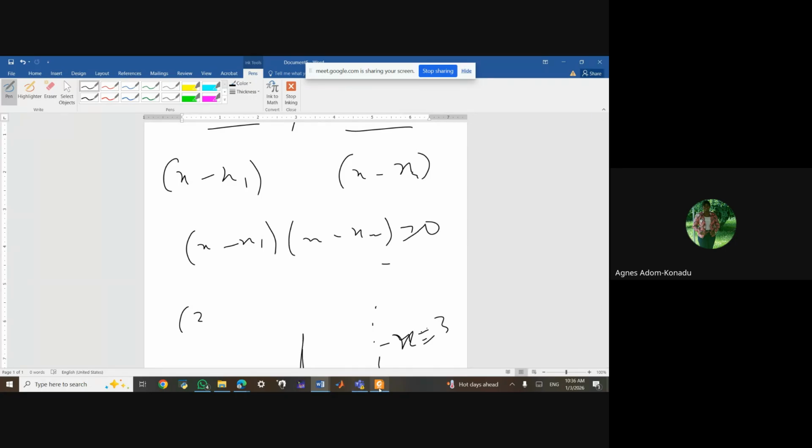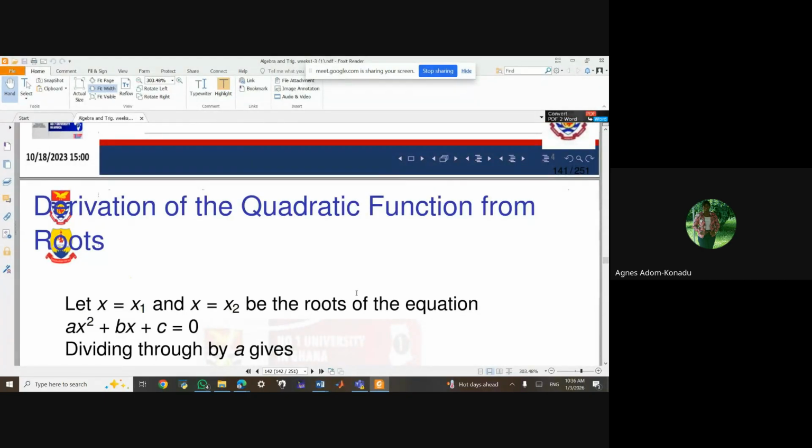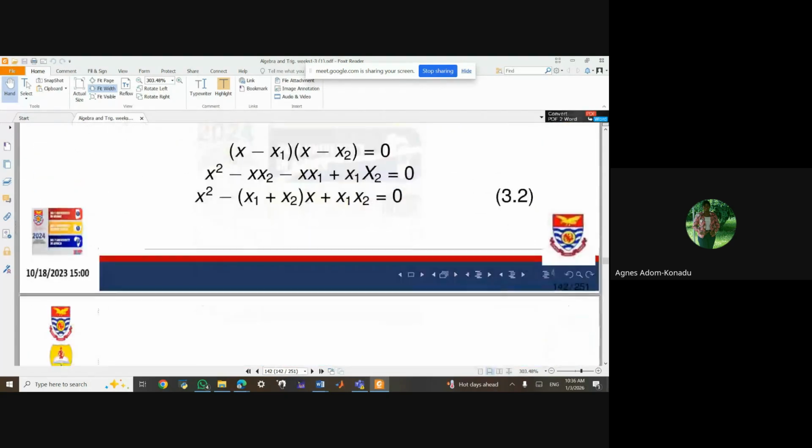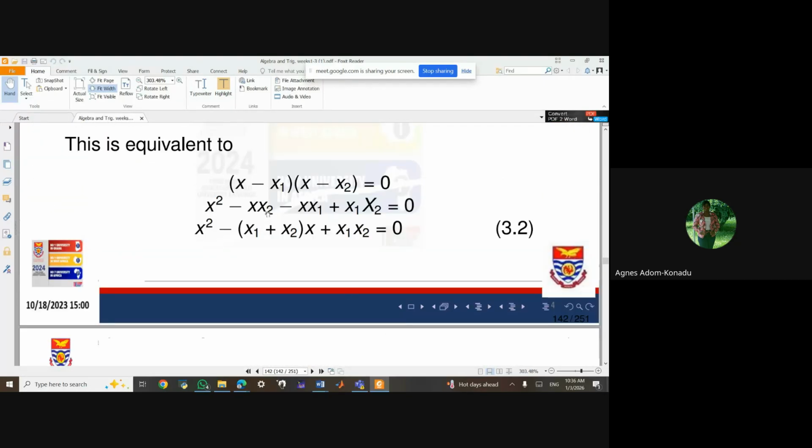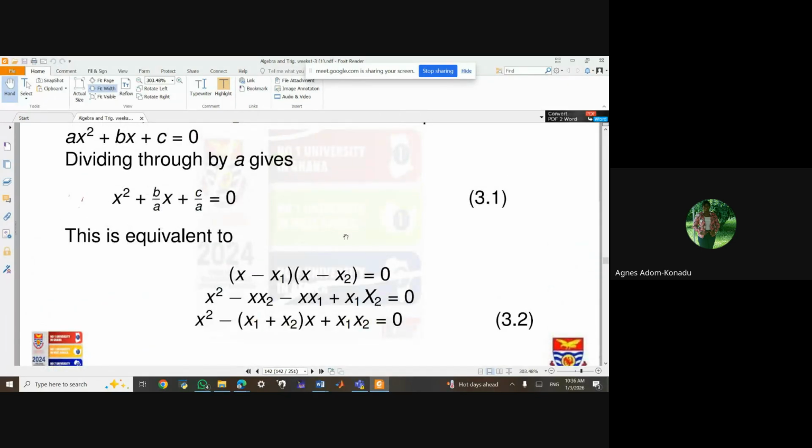Okay, so let's continue. So as I said, I have the factors to be x1 and x2, the zeros or the roots. So when I write it in factor form, I'm going to get x minus x1, x minus x2 equal to 0. When I expand, I'm going to get something like this. Now, when I compare equation 3.2 with equation 3.1, I can see that my b over a is equal to minus x1 plus x2, because I have a coefficient of x here.